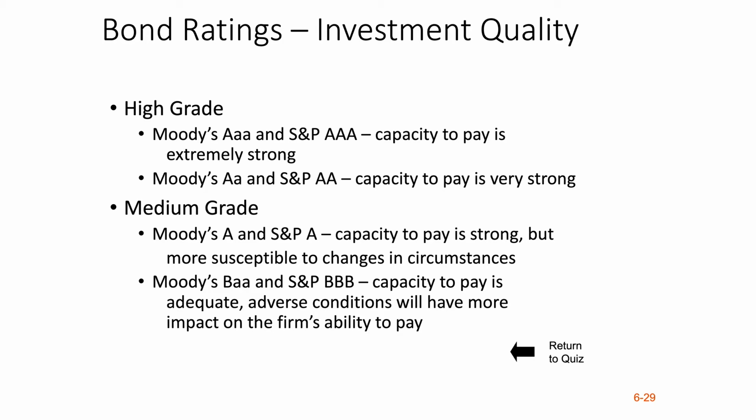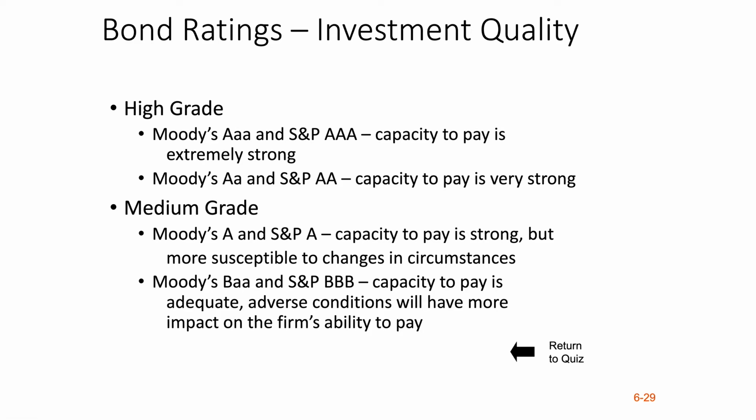That means capacity to pay is extremely strong. As a result, you pay a lower yield to maturity or lower coupon. On the other hand, AA is very strong, still strong, but less strong than AAA.